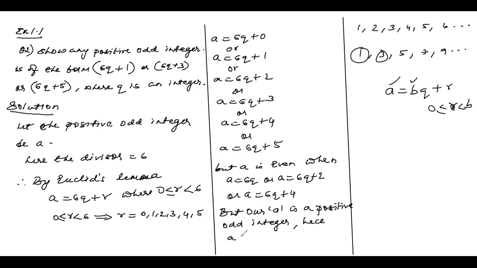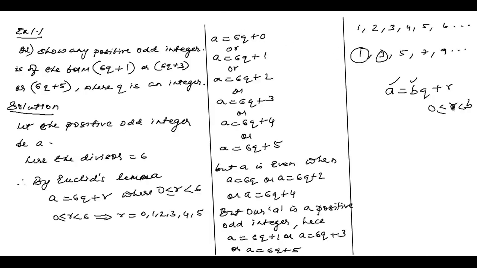Hence A is equal to either 6Q plus 1, or A is equal to 6Q plus 3, or A is equal to 6Q plus 5. Got it? Therefore, now can I say we have got the value of A clearly.